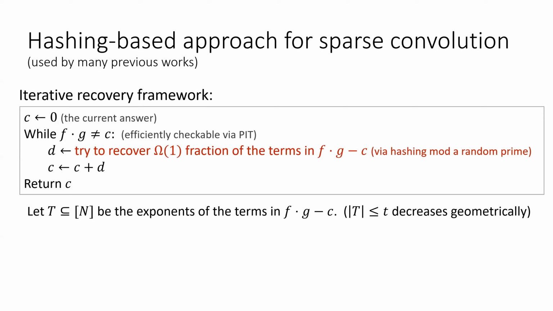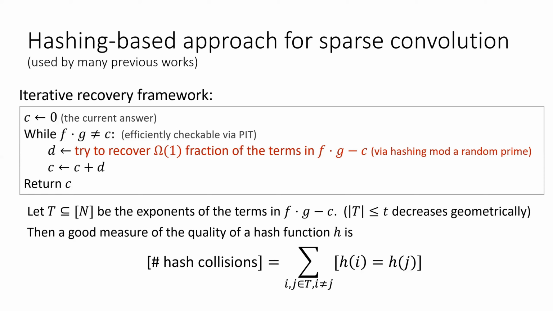A good measure of the quality of the hash function is the number of hash collisions, which is defined as the number of i and j from T, where i is different from j, that are hashed to the same bucket under the hash function h. For example, if the number of hash collisions is smaller than T over 2, then we know that at least T over 2 terms are isolated under this hashing h.